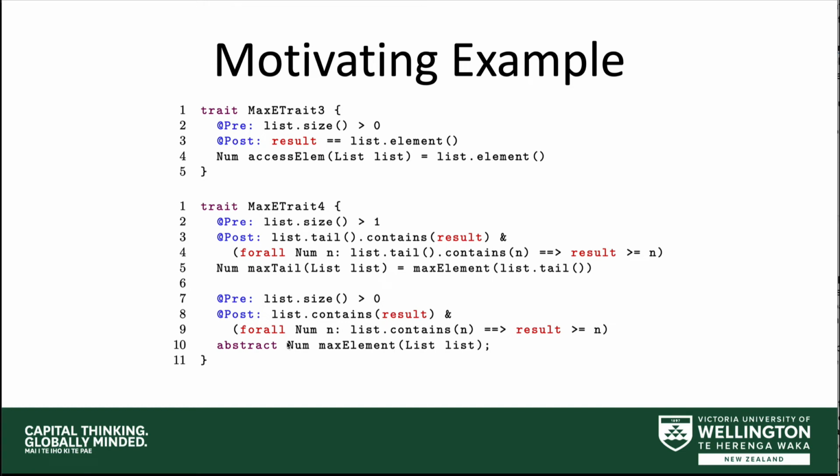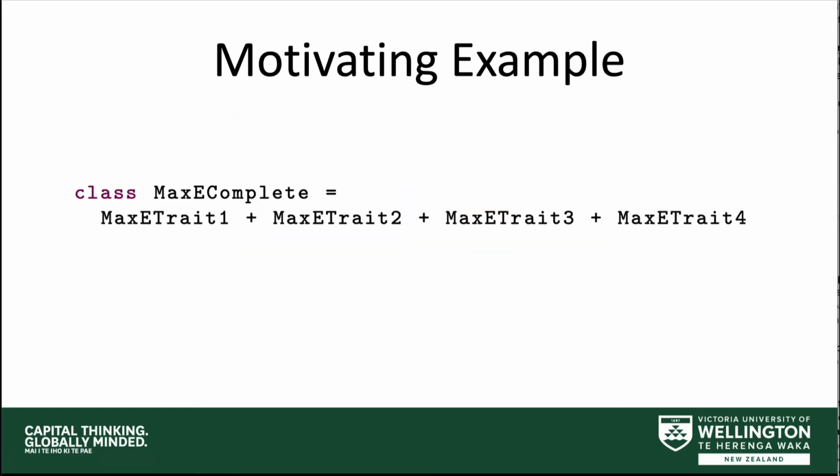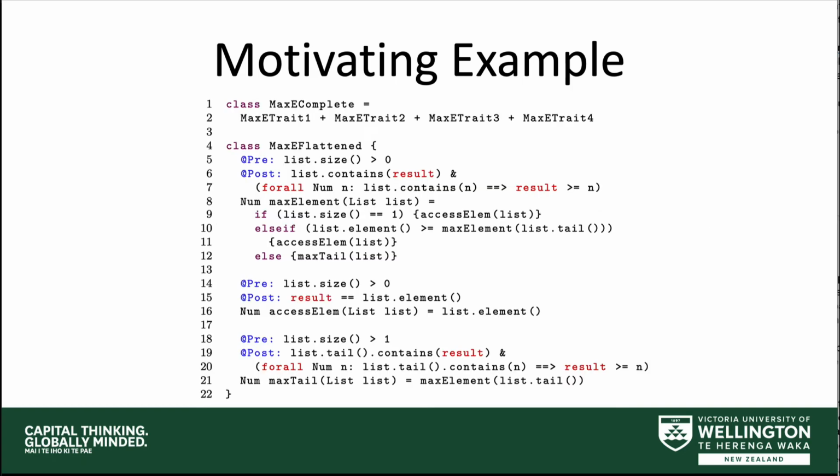And now you can see that, just like with the work on traits, we can use the mechanisms provided by trait composition to put all 4 of these traits together, and the result is going to be the combination of the 4 traits that gives you a full implementation of max element that is fully complete if you flatten it out and provide the concrete implementations of every method.